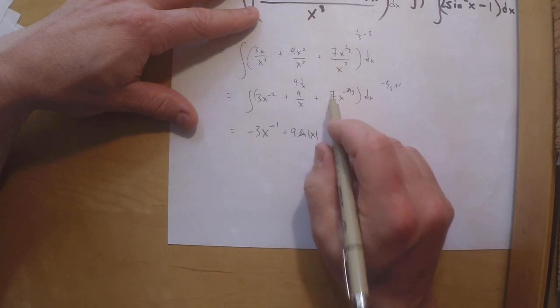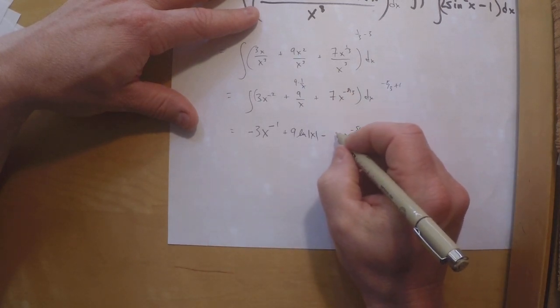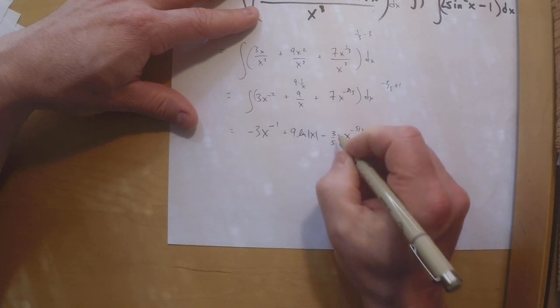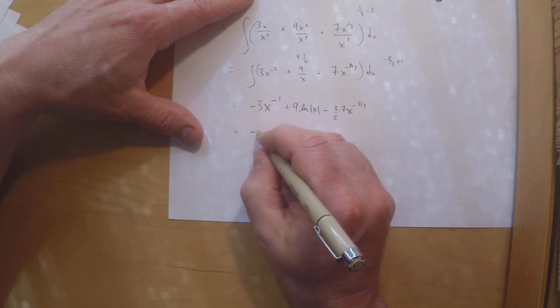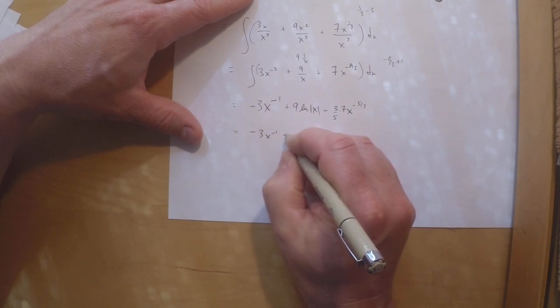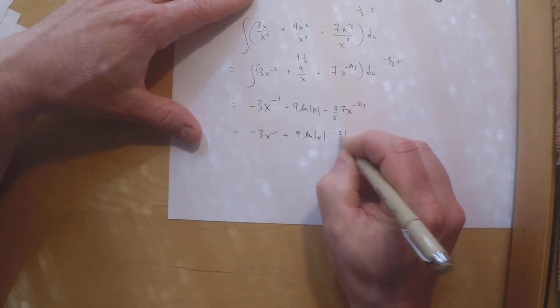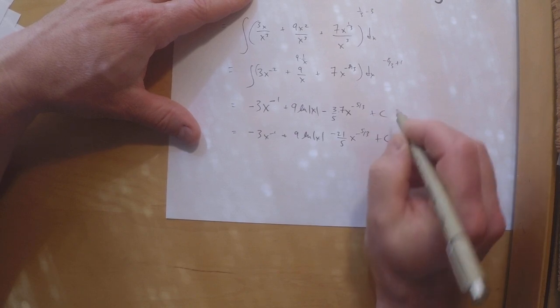And I want a +7 left over, so I know it has to be a negative. I want the 3/5 here to cancel out with the 5/3, and I want a 7 to stay behind. So let's just rewrite all of this. So I end up with -21/5 x to the -5/3 plus c.